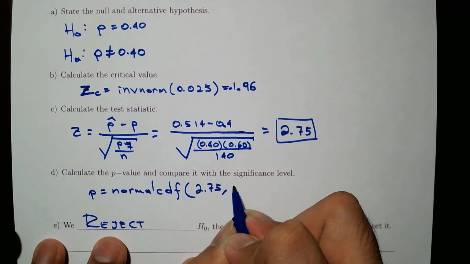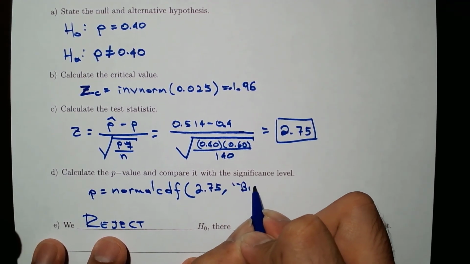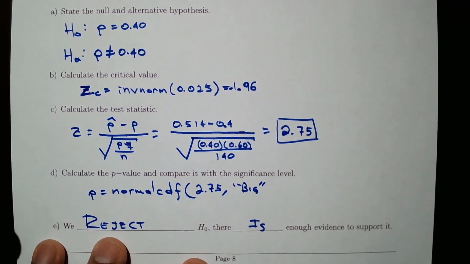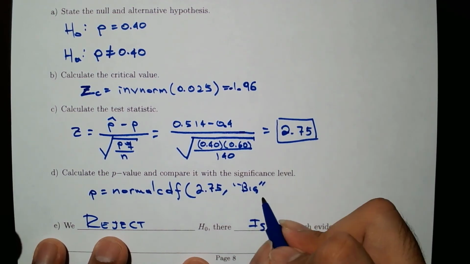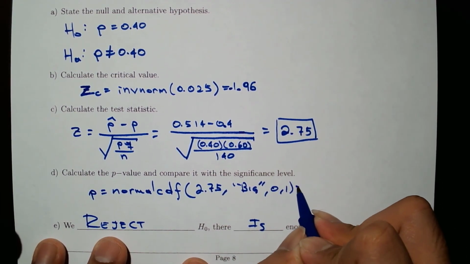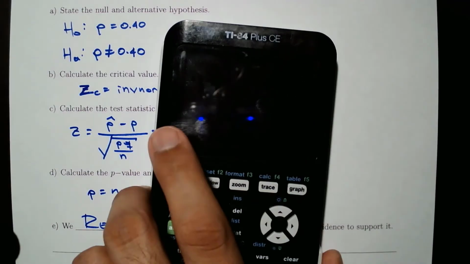Here on paper, I'm writing the big, and I'm going to have the 0 and the 1 again. And let's put it on the calculator.